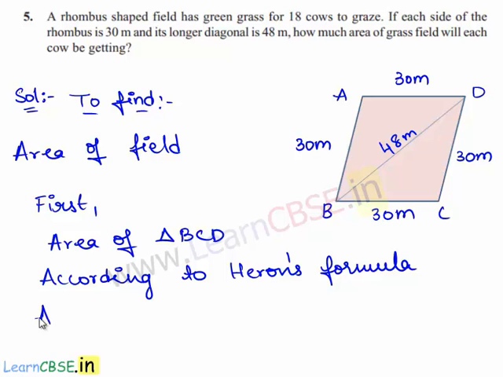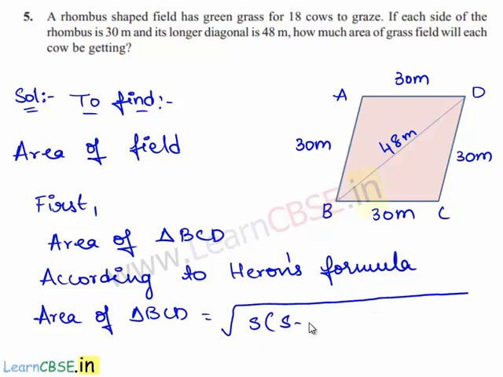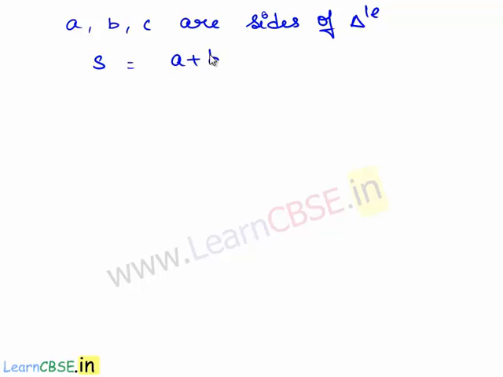That is, area of triangle BCD is equal to square root of S times (S minus A) times (S minus B) times (S minus C), where A, B and C are sides of the triangle and S is the semi-perimeter, which is equal to (A plus B plus C) divided by 2.